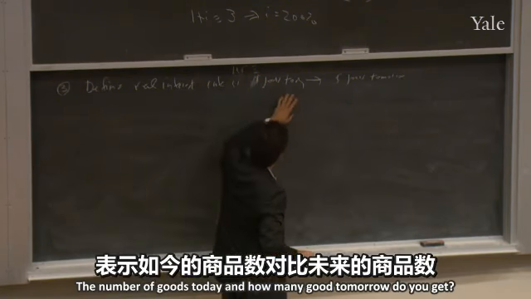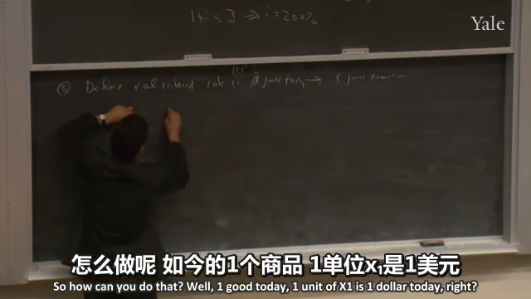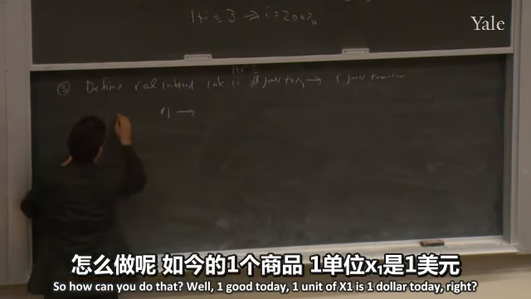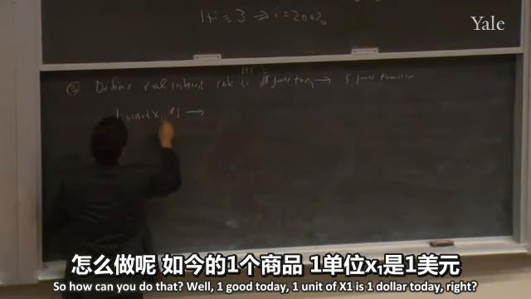Okay, the number of goods today, and how many goods tomorrow do you get? So how can you do that? Well, $1 today can go into 1 good today, 1 unit of X1, which is $1 today.